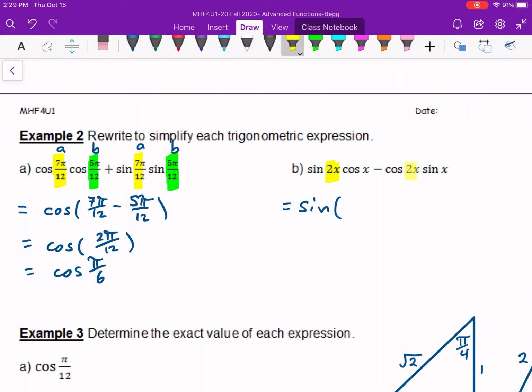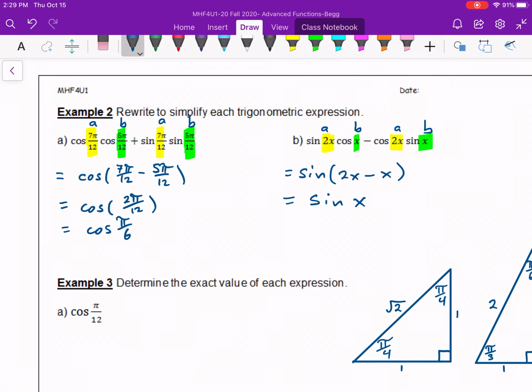This would be my A, 2x, and x would be my B. So it would be 2x minus x, which again we can simplify just down to sine of x. All right, so that's going backwards.